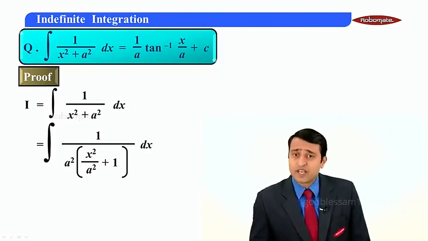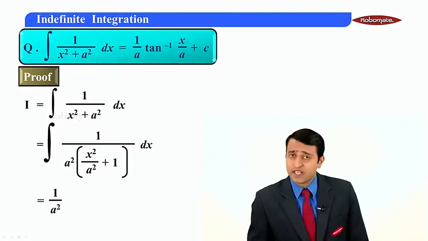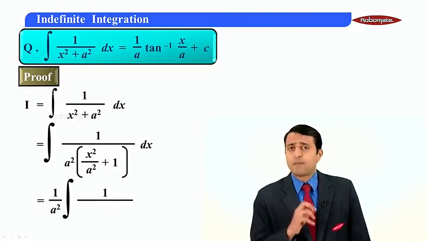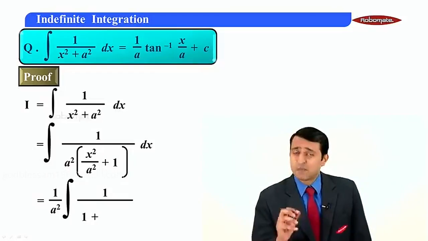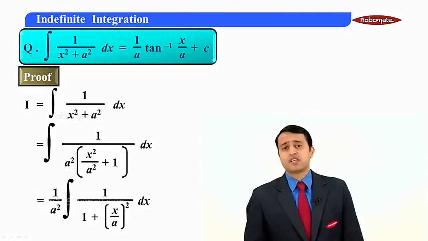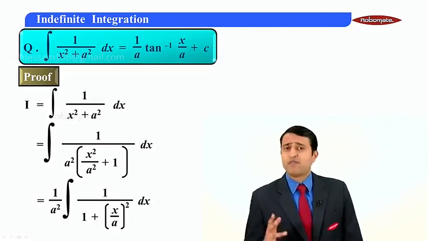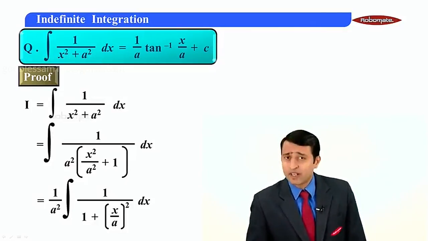Now in the next step we can write that 1 by a square outside the integral, and we can rearrange to write integral 1 upon 1 plus x by a the whole square dx. Can I say that this particular integral is of the form 1 upon 1 plus x square?